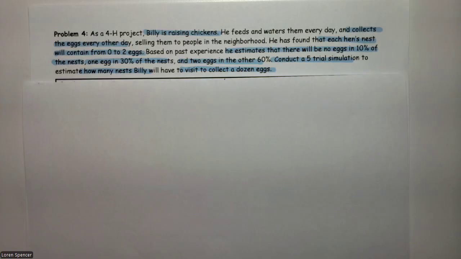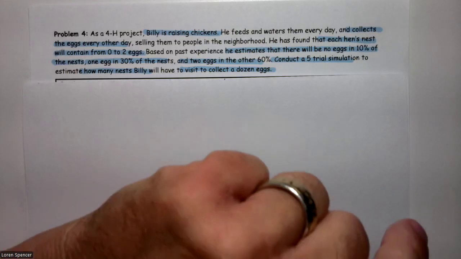This is simulations, and this is going to be getting the eggs. As a 4-H project, Billy is raising chickens. He feeds and waters them every day and collects the eggs every other day, selling them to people in the neighborhood. He has found that each hen's nest will contain from 0 to 2 eggs. Based on past experience, he estimates there'll be no eggs in 10%.